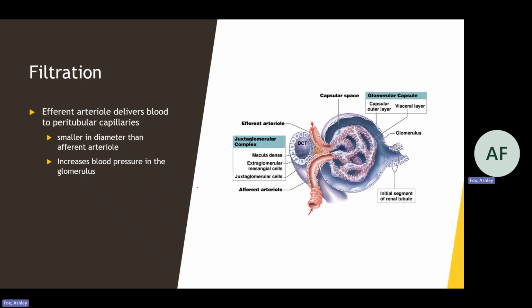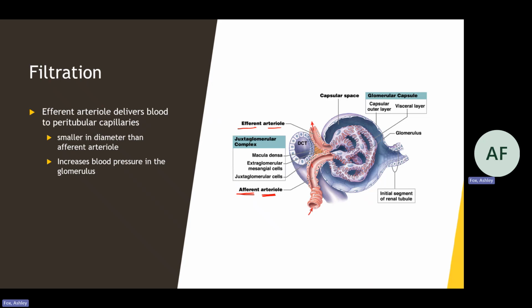You are going to see a difference in size. So if you look at the afferent coming in from the cortical radiate artery, it's larger. So look at this versus the size of the efferent arteriole. The smaller diameter of the efferent actually causes backup or slowing down of blood in the glomerulus. You can think of it like this: if you have double doors coming in and they're wide open, you can have more people come into your room versus only having one door leaving.